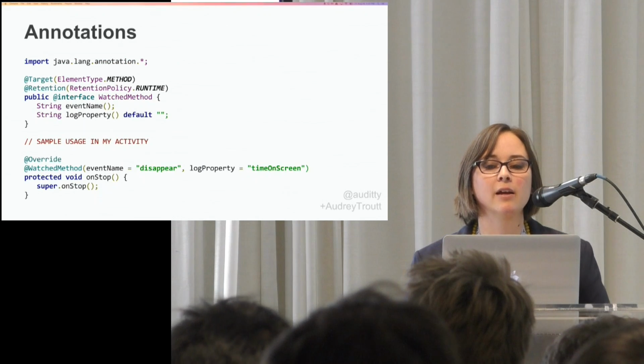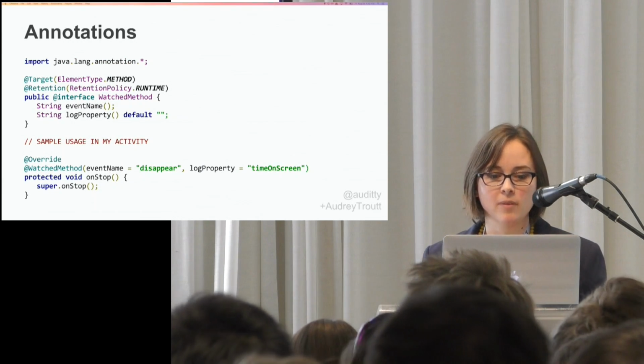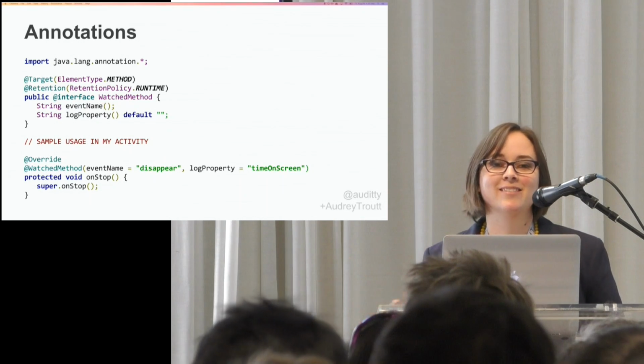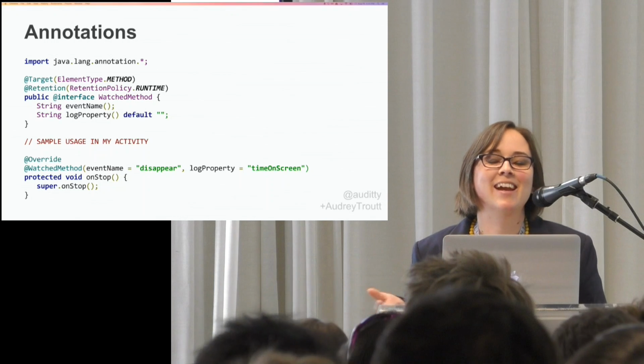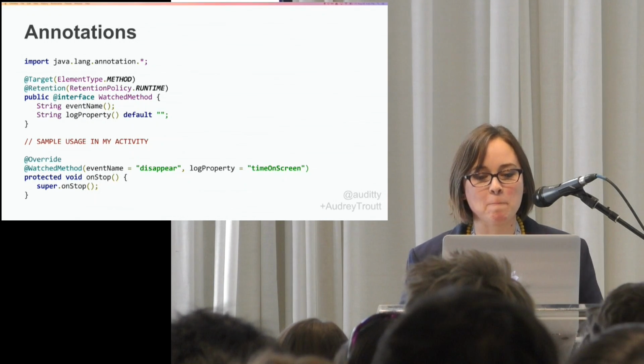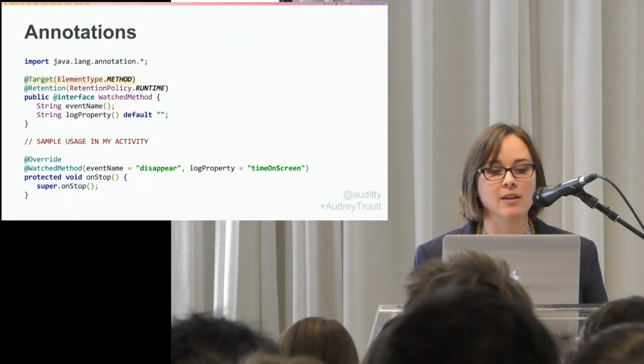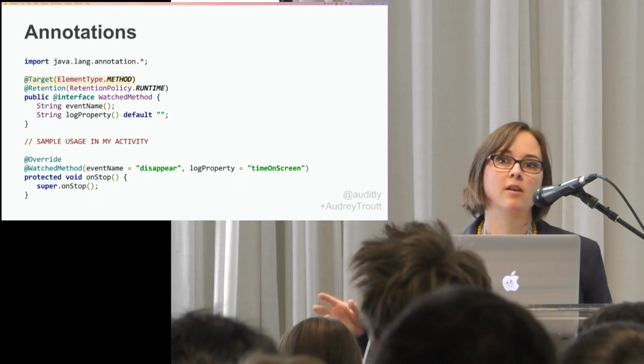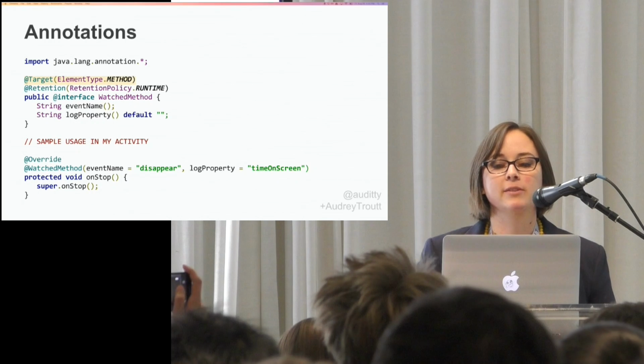What does it look like to define an annotation? It's really quite simple. I made one here, which is called WatchedMethod. I used to build an analytics SDK, so a lot of my examples come from that. A WatchedMethod is targeted at elements of type method, so this is an annotation that is going to go onto methods.